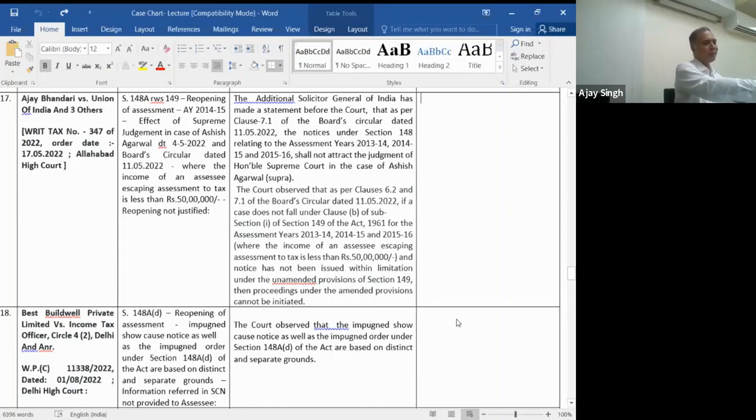So prima facie, when you read this judgment on the first blush, by reading this sentence in paragraph 7, "based on distinct and separate ground", one tries to say that it is a two separate ground issue. But if you read the whole order, paragraphs 6, 7, and 8, you will understand that maybe it is a case of improvement of the reason rather than taking two separate distinct grounds.